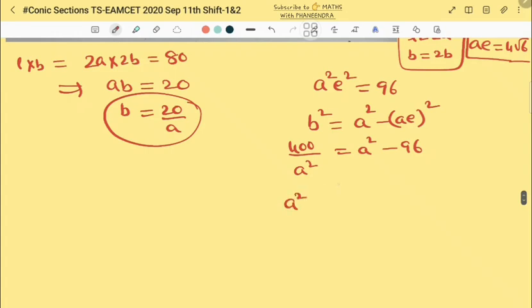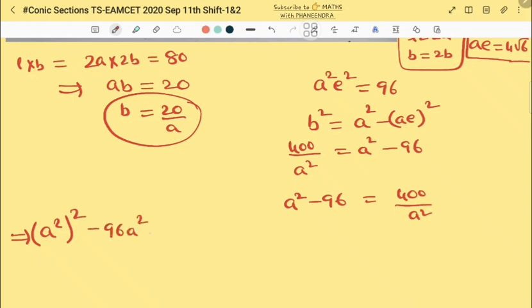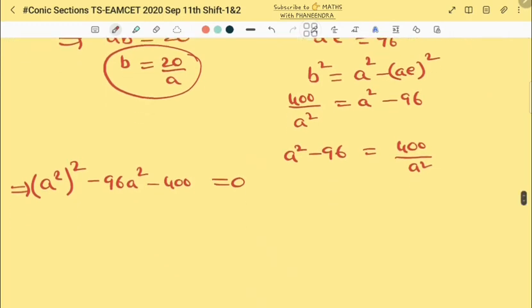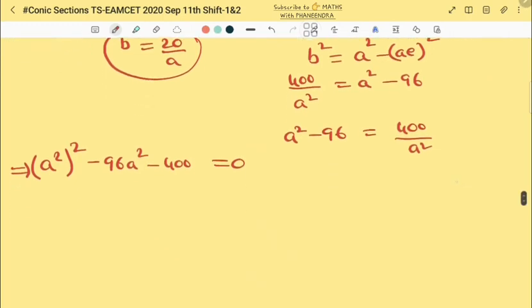So A square minus 96 is equal to 400 by A square. Cross multiply: A square whole square minus 96 A square minus 400 equal to 0. So factor 400. 2 200s, 5 40s. Here I want 96 also.